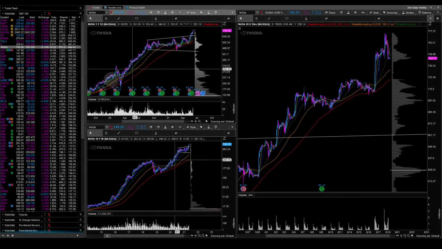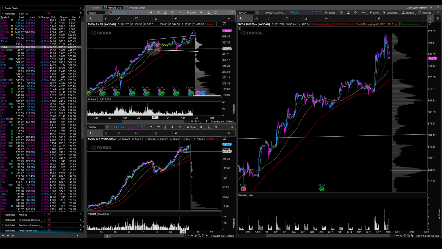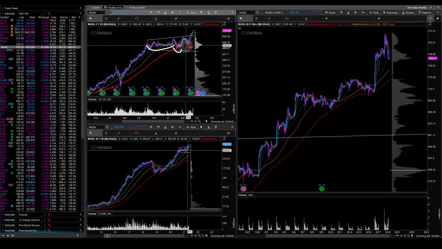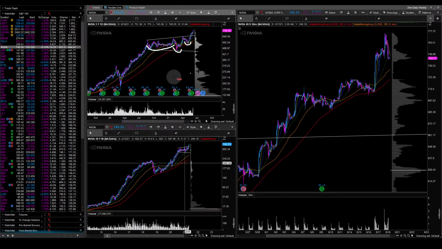What's crazy, when you get a symmetrical broadening or megaphone pattern, you find lots of patterns within patterns. So here's what I'm finding now. Some people will look at this and go, big, wide left shoulder, head, right shoulder. And then they'll say, oh, elevated neckline. Oh, this thing's going to go to 8. Jeffries has this thing at 800.